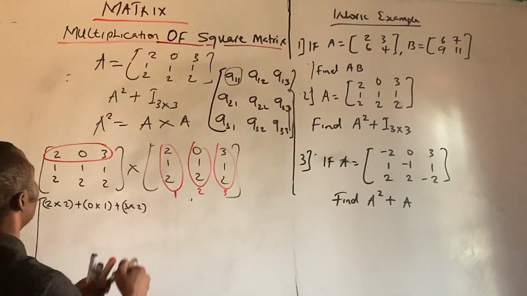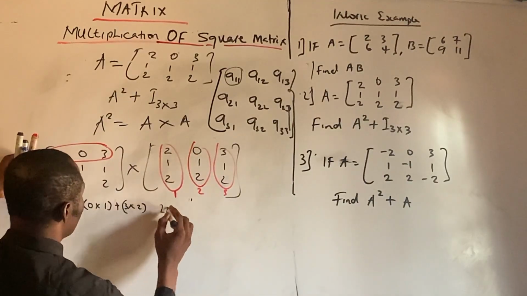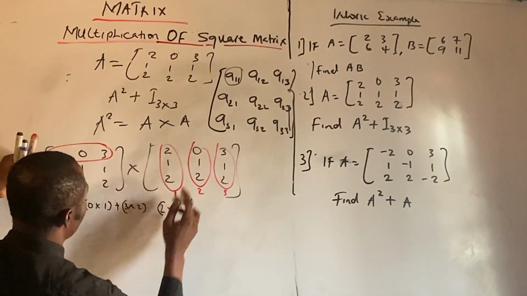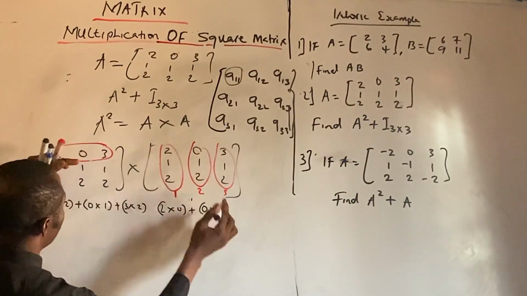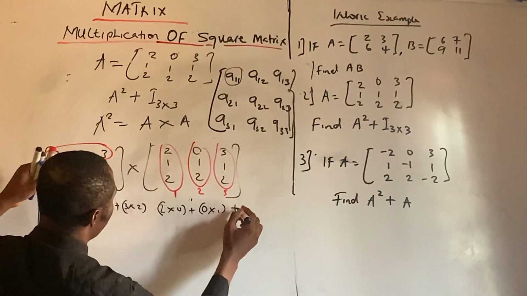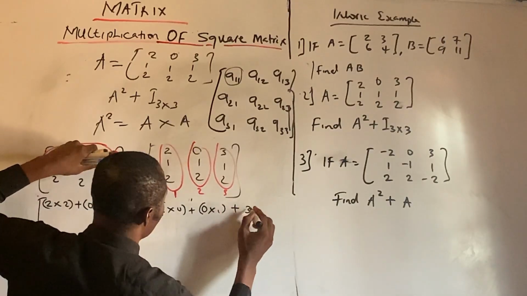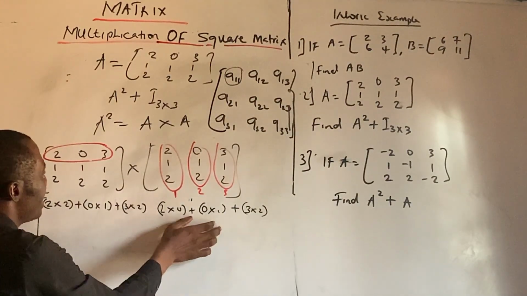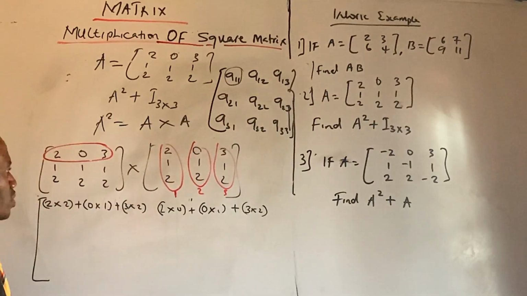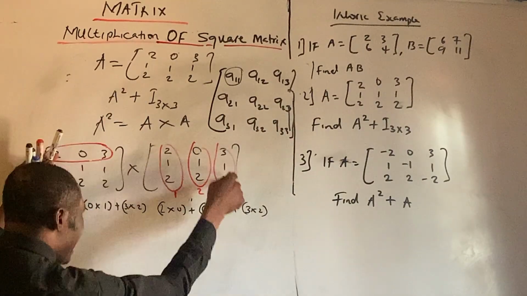So let's do it together: 2 times 0, plus 0 times 1, plus 3 times 2. So that will get the one that will be in A12. Good to go.